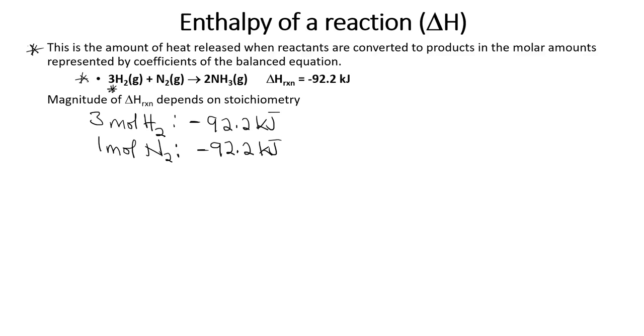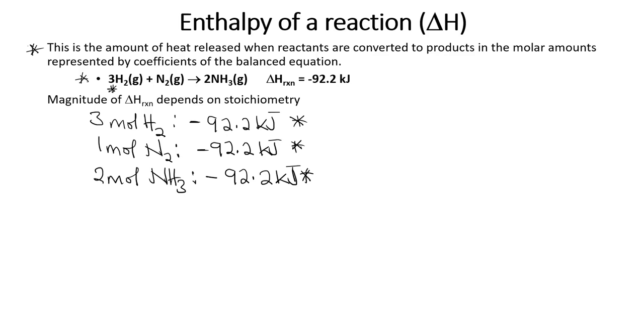So anything within this reaction produces this same amount of energy. 2 moles of ammonia produces the same amount of energy. So all these are conversion factors that we can use to determine each specific species in this reaction.